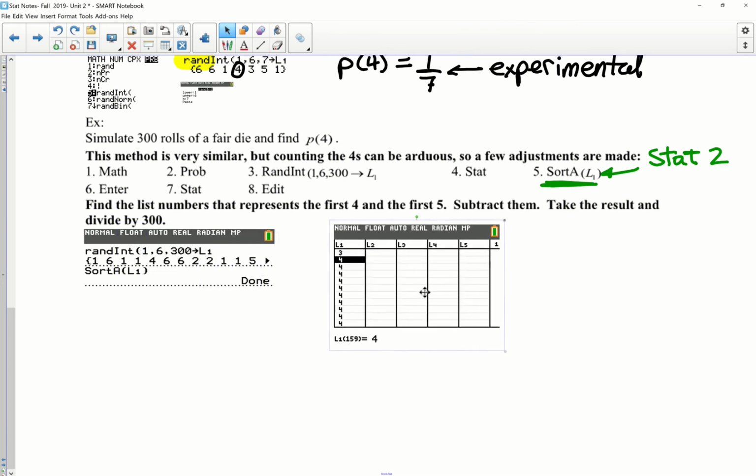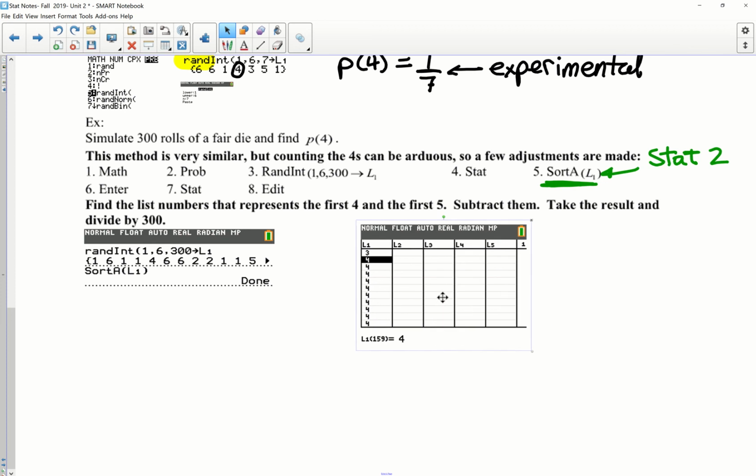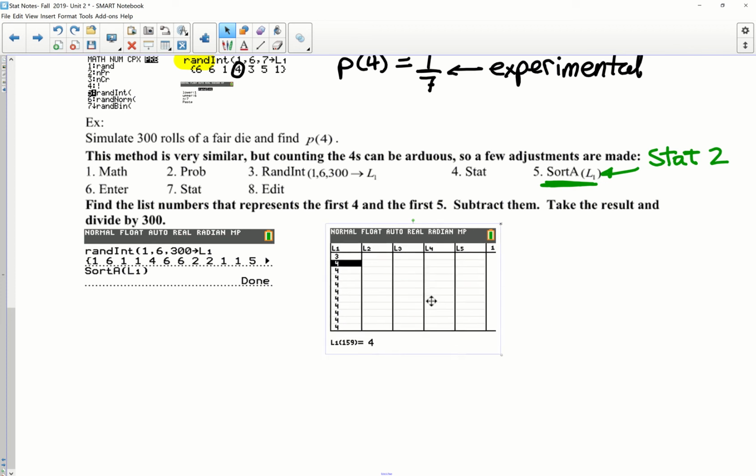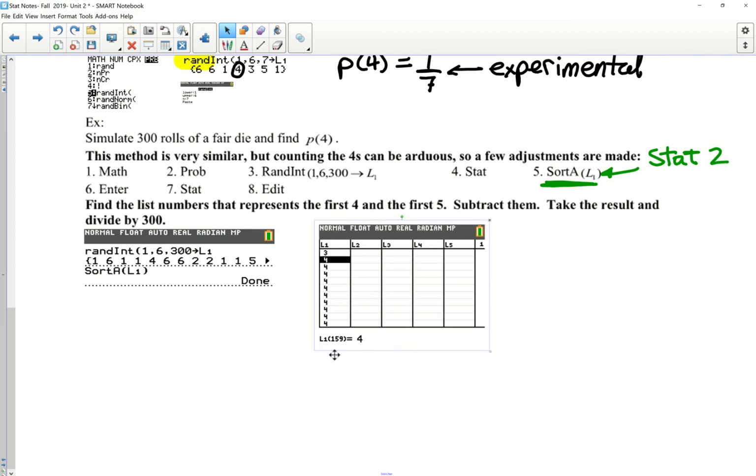So the first instance of getting a 4 I've identified as the 159th value. And this is all optional, the strategy I'm showing you, but it's optional so that you could avoid having to count up, okay, I got 1, 2, 3, because if there's like 47 values, it's very easy to accidentally write down 46 values on a test.